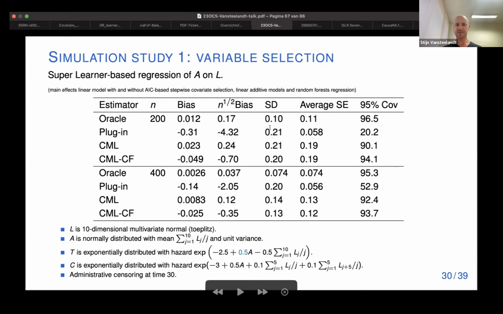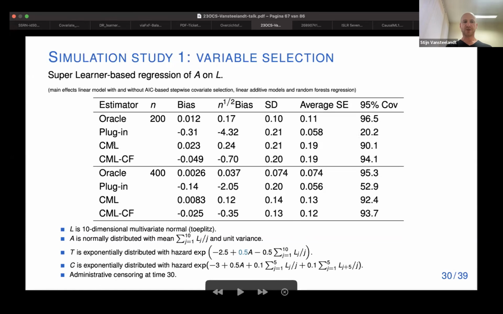It gives standard errors that are not at all in line with the real standard deviation of the estimator, because this is ignoring the uncertainty in the variable selection, and thus it leads to poor coverage. Same at the larger sample size. And then here CML, for causal machine learning, is removing that bias to quite a great extent, and giving standard errors more or less in line with the real standard deviation.